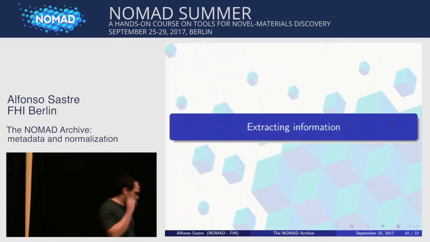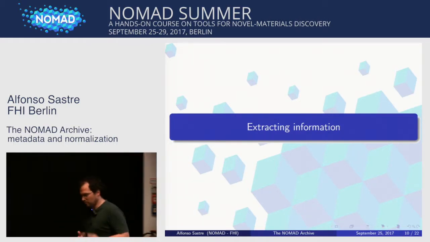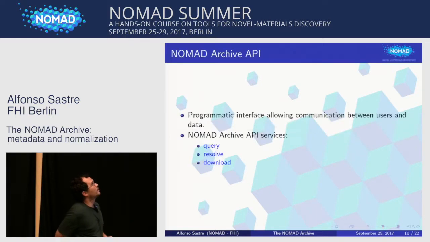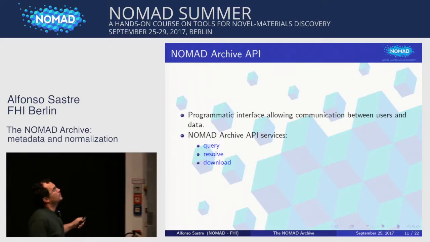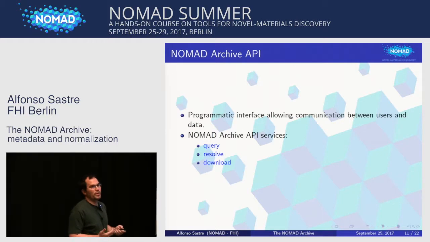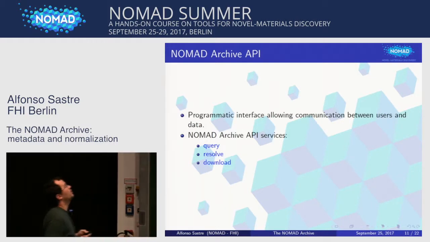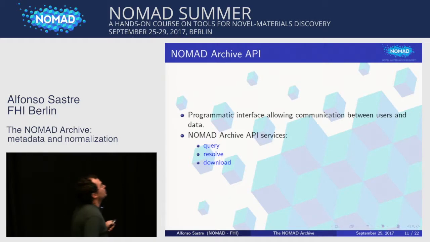Okay, so now I'm going to explain a bit how to extract data. Once we have the data, we need tools to extract it from the archive, so we are developing an API. An API is just an interface that allows you to communicate with the data in an easy way, using the web. We developed three services right now for the API: the query, the resolve, and the download.